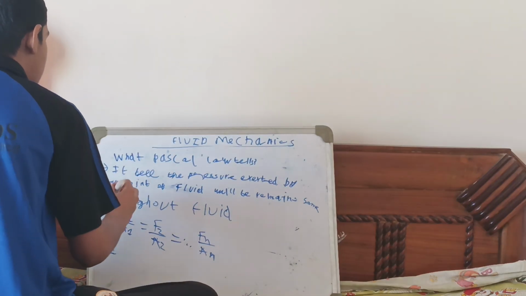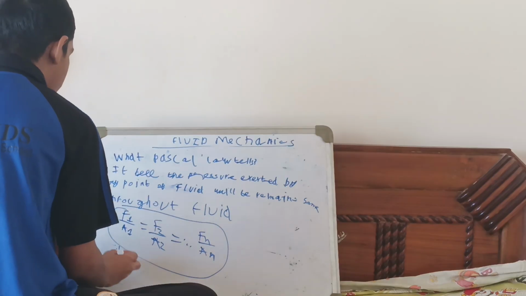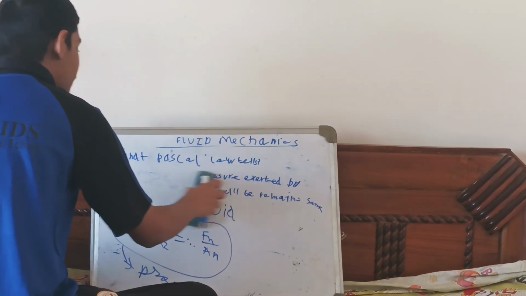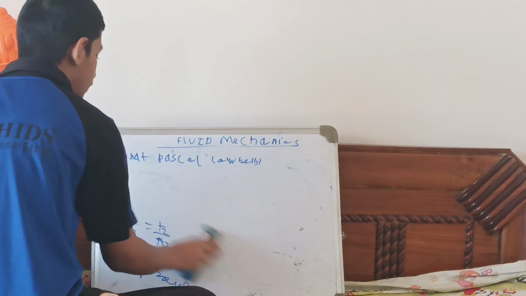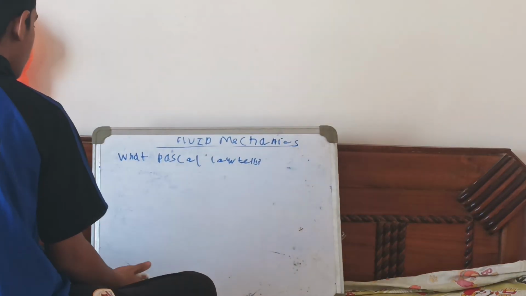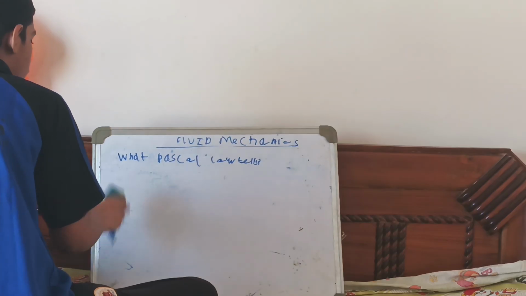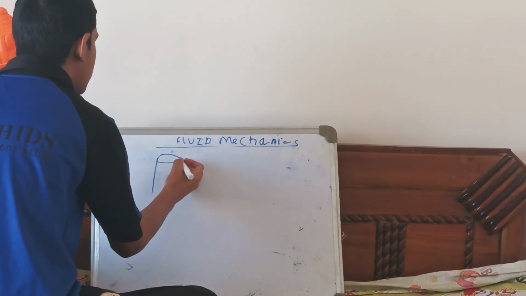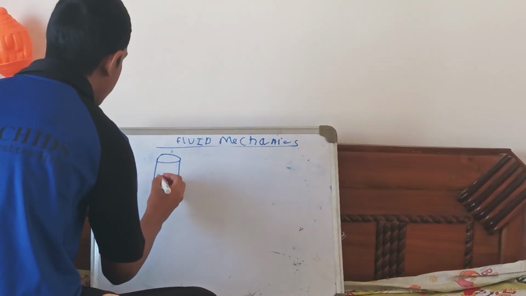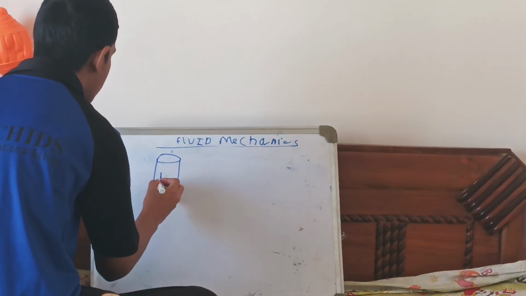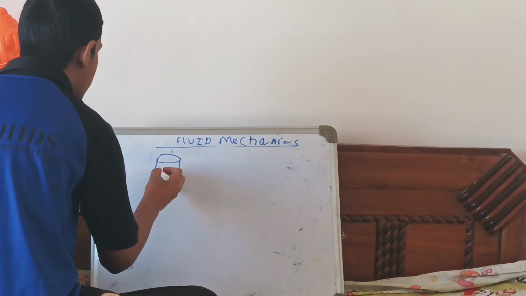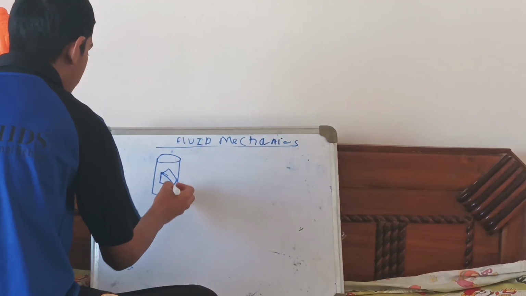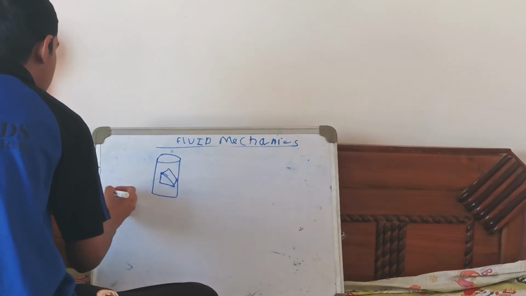Now I will give the proof of this equation. Imagine this is a ball, and here some prism is there, and its size is negligible.